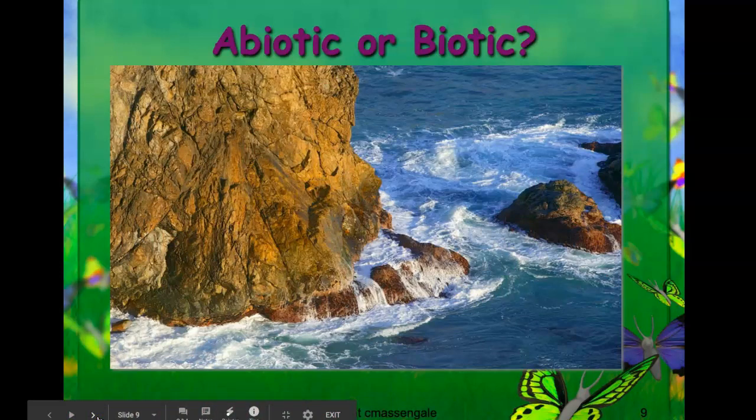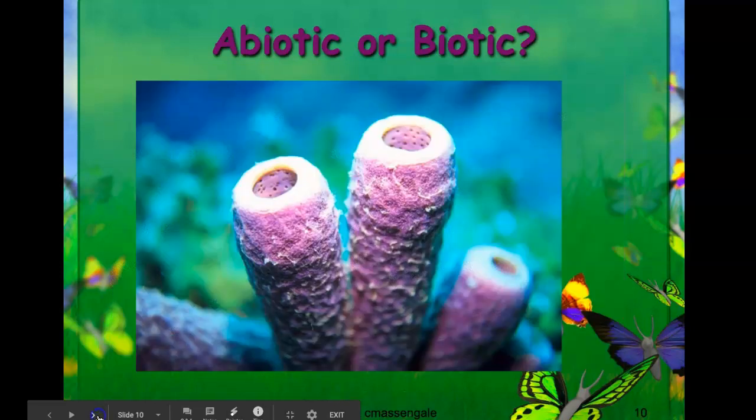Abiotic or biotic? And specifically, we're talking about the rock in the water, not what's in the water, not the bacteria that might be on the rock. What is it? Abiotic. Abiotic or biotic? Sea cucumbers. Yep, biotic.